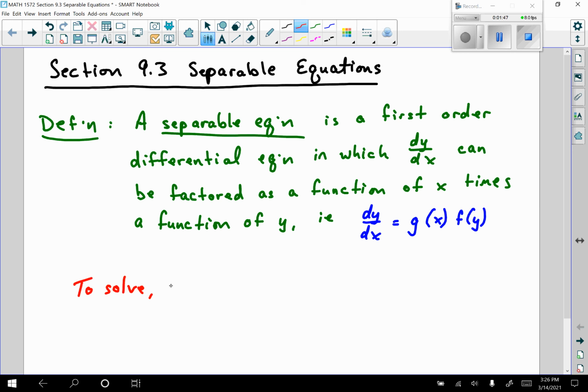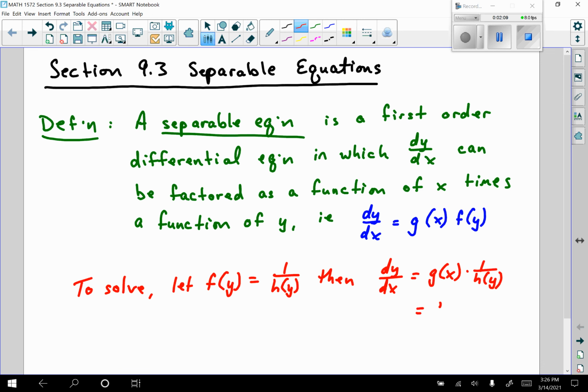To solve, let's let f of y be equal to 1 over h of y. Then dy over dx becomes g of x times 1 over h of y, which is just equal to g of x over h of y.